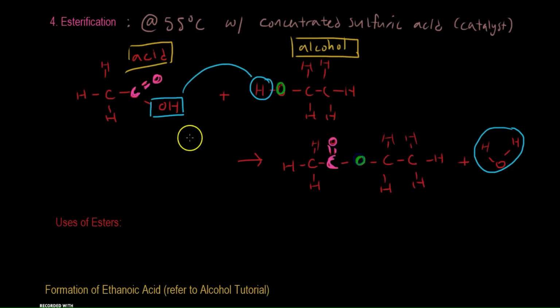So what do you see? After they lose this OH and H respectively, they are bonded together. And that is the whole point of esterification, to bind something together. And this, we will learn in the next chapter. This is an ester bond. We will learn about it later, but this is just to give you a heads up.